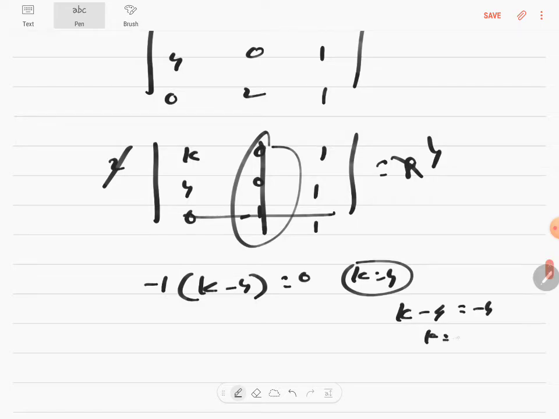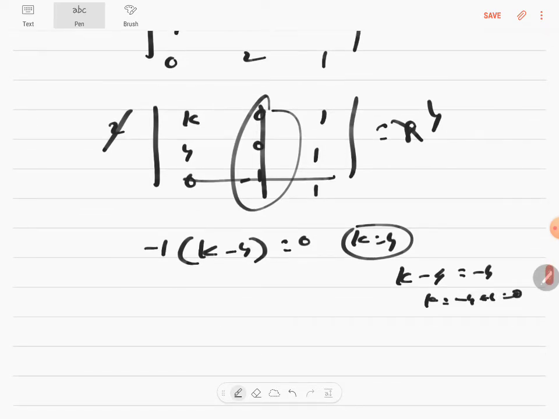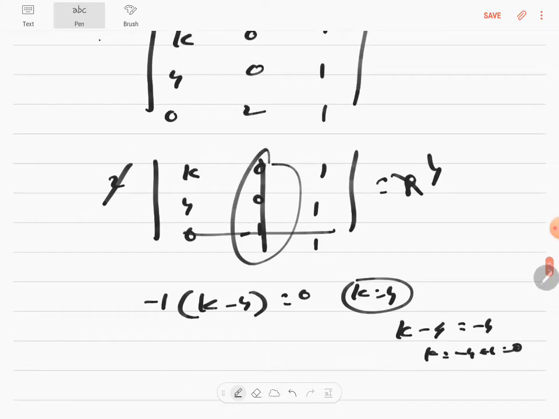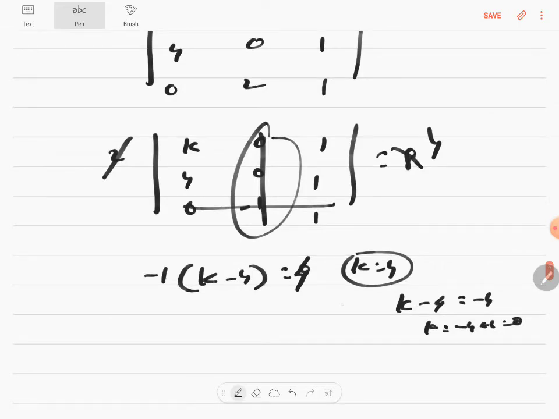So K minus 4 can also become equal to minus 4, so K is equal to 0. Yeah, a plus 8 and a minus 8, right? You can also equate K minus 4 to 4. K minus 4 is equated to 4, K will be equal to 8 in this case, and K will be equal to 0 in the other case.